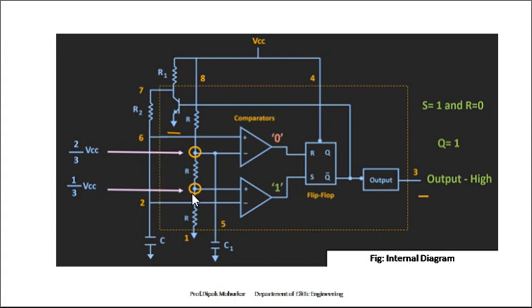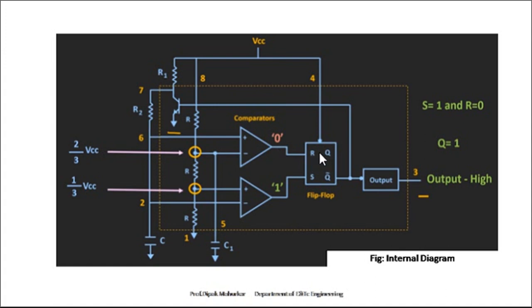For this point the voltage is 1 by 3 VCC, and for this 2 by 3 VCC. After comparing, the non-inverting voltage is more than inverting, so its output is 1. For the other comparator, the non-inverting input is 0 and the inverting is 2 by 3 VCC, so after comparing the output is 0.